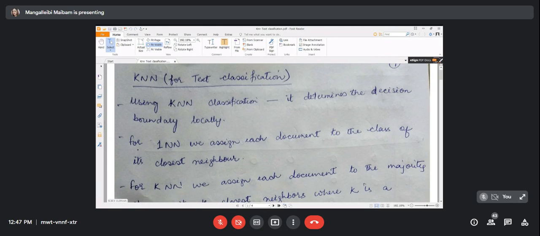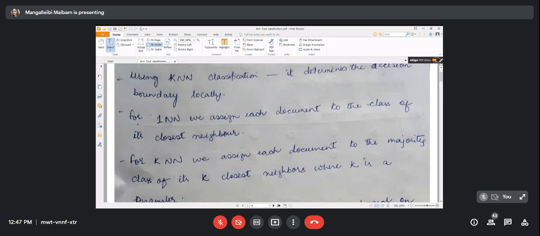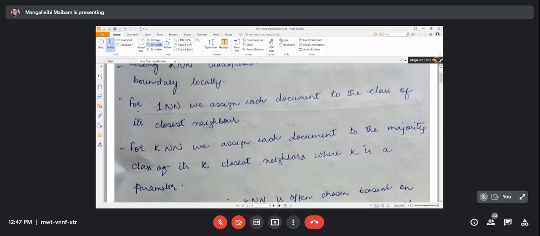For k greater than 1, we assign each document to the majority class of its k closest neighbors. For example, if k equal to 3, then after finding the values, there will be three values. Among those three values we find the majority.